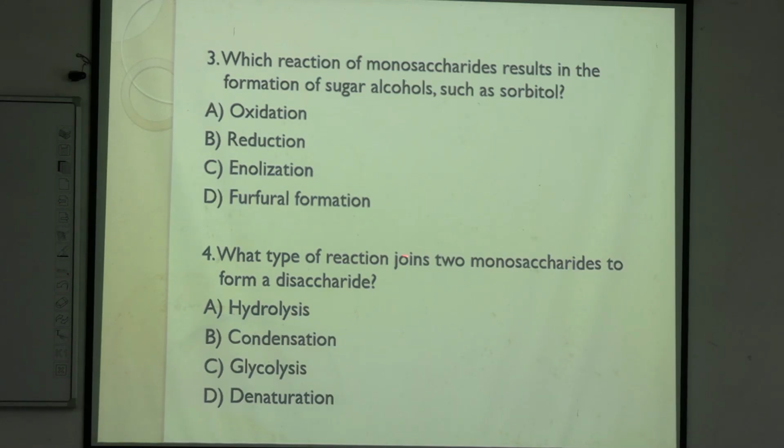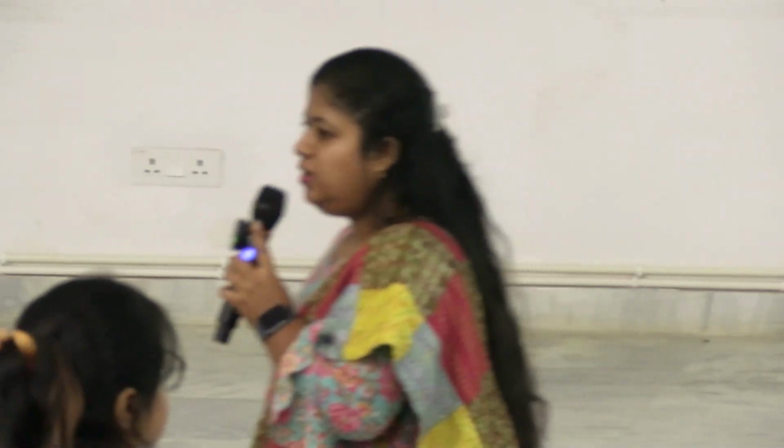What type of reaction joins two monosaccharides to form a disaccharide? Whether it is hydrolysis, condensation, glycolysis or denaturation. Who will say? You say. Hydrolysis. Glycolysis. What is glycolysis?